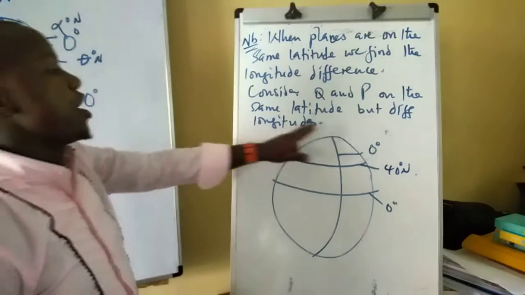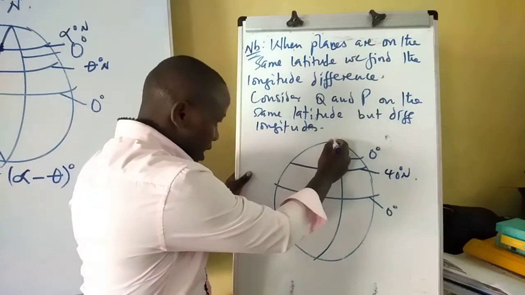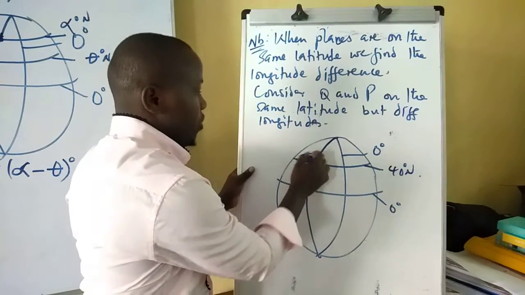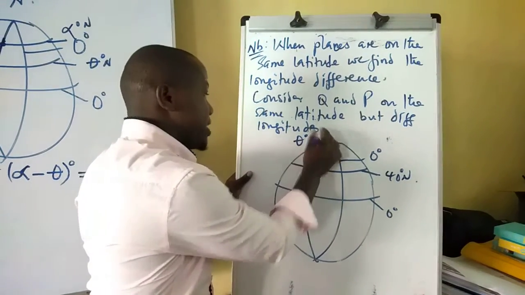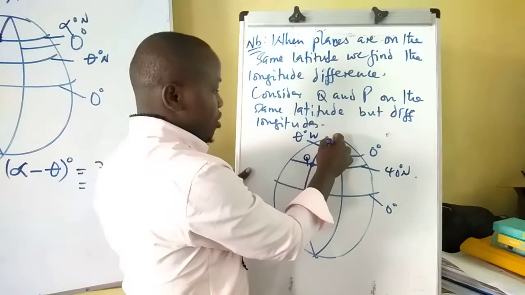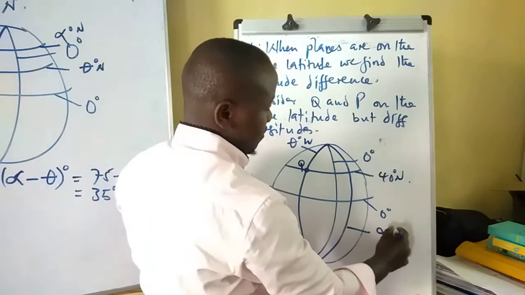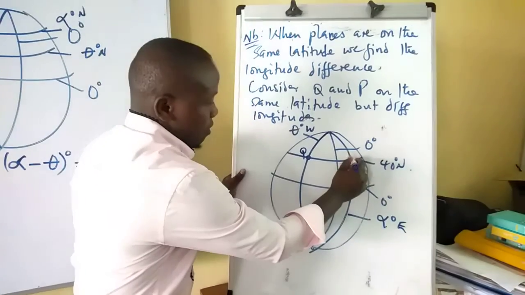Then we have them on different longitudes. Like Q can be here, theta degrees on the west. And P can be on the other side of the prime meridian, alpha degrees on the east. So you find P is here now.